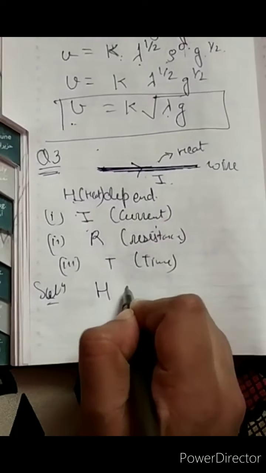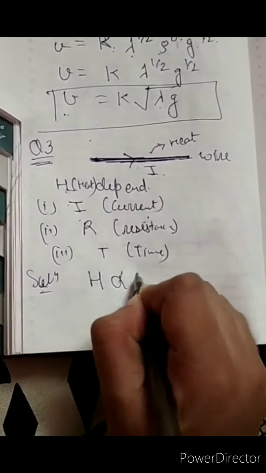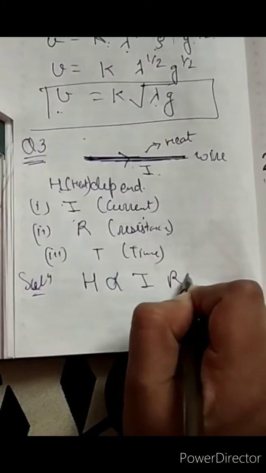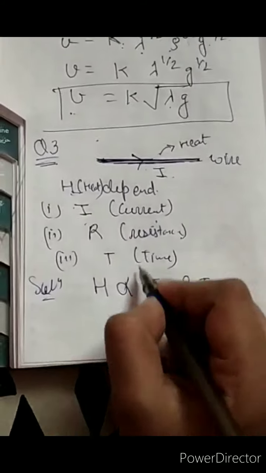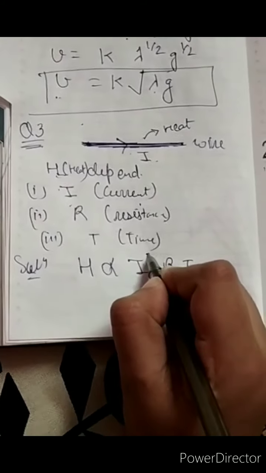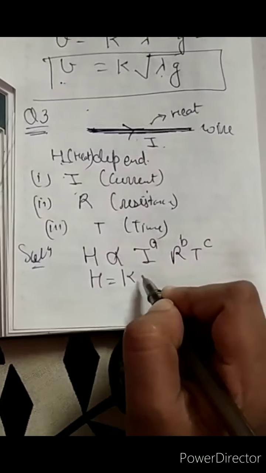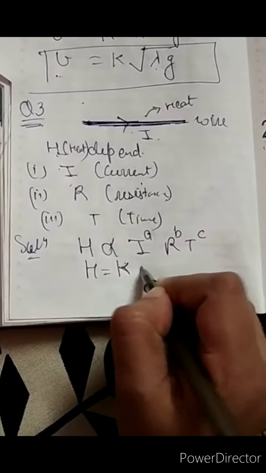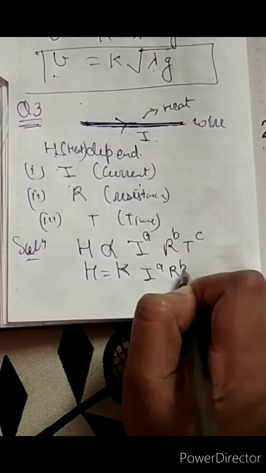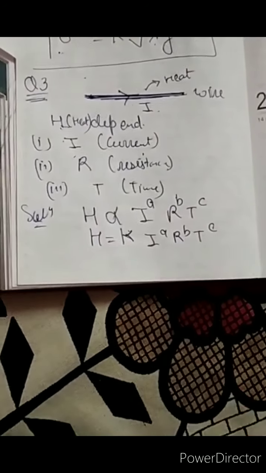Heat depends on I, R, and T, and you don't know the power of I. Let's say I to the power A, R to the power B, and T to the power C. Then heat is equal to K I to the power A, R to the power B, and T to the power C.